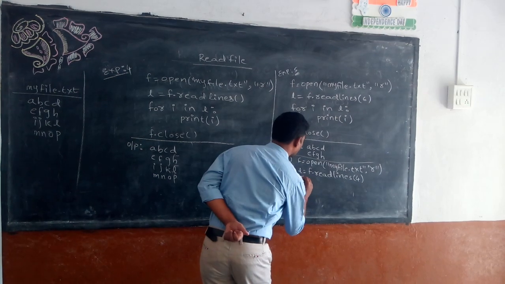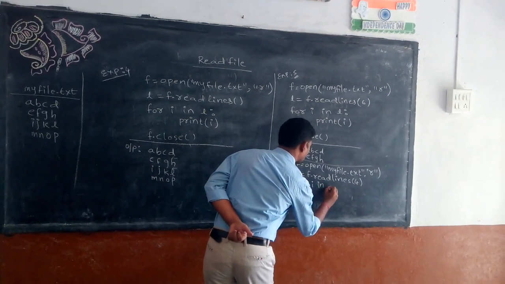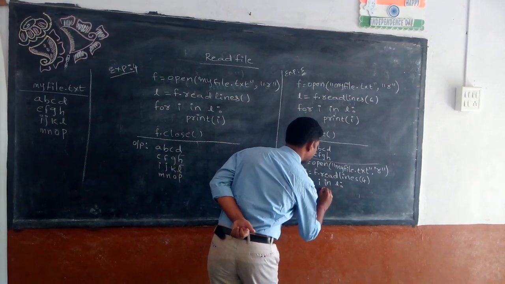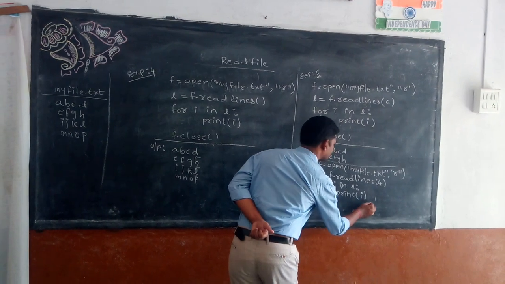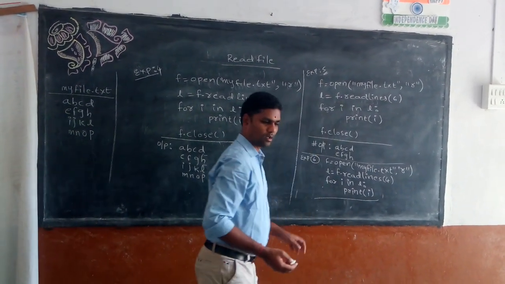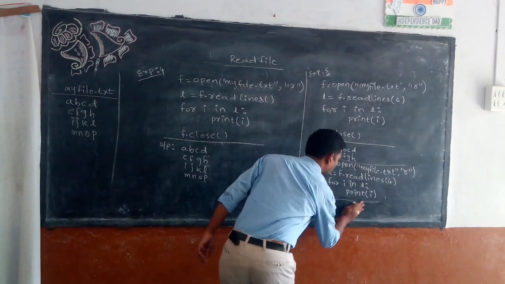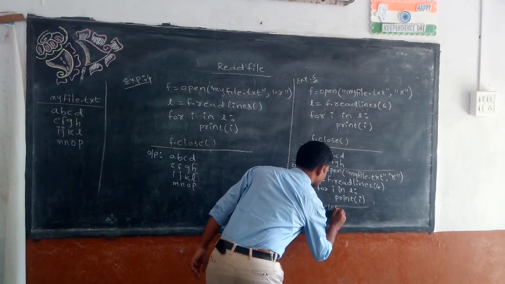I say 4 only, and for i in L: print(i). So what is the output? I need to close the file. Yes, to close the file, I need to write f.close.